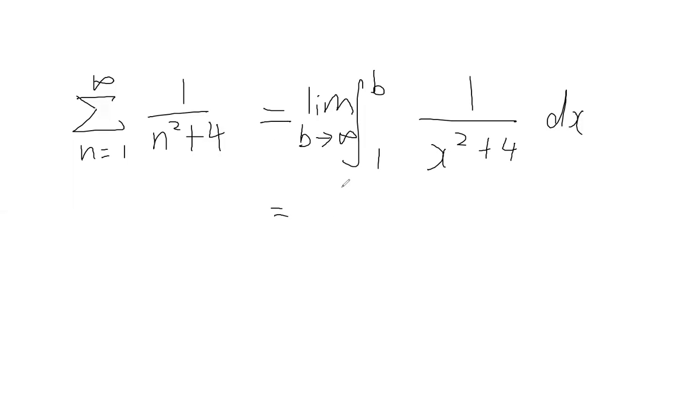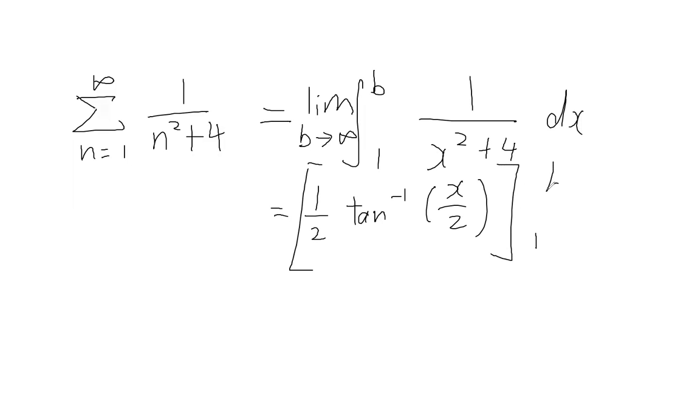I will get 1 over 2 arctangent x over 2, bracket 1 to b. Okay, I always forget my limit, b approaches infinity. Okay. Next, substitute b here and substitute 1 here, because 1 is a constant.